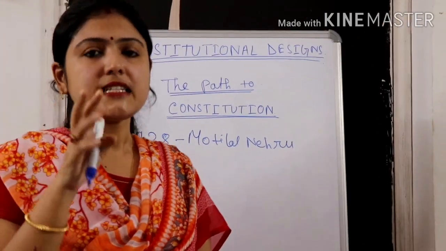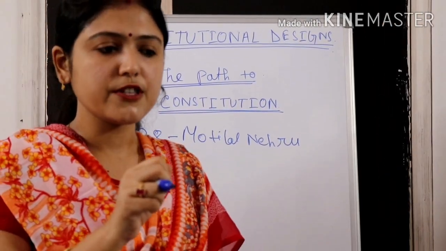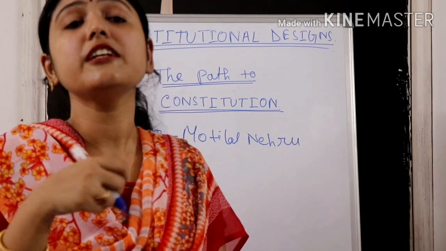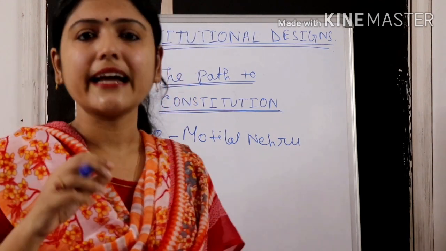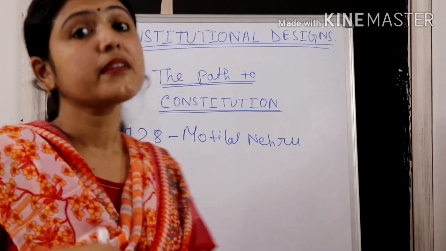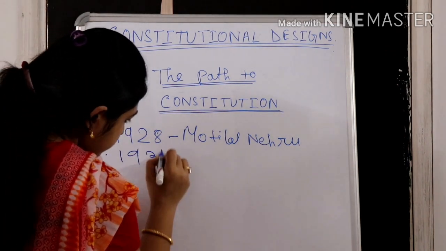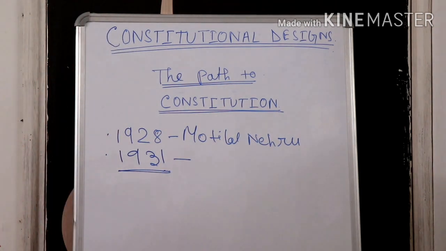In 1928, he first pointed out the need for a constitution, the guidelines we should have when our country becomes independent. Later, in 1931, it is very famous in Indian history.